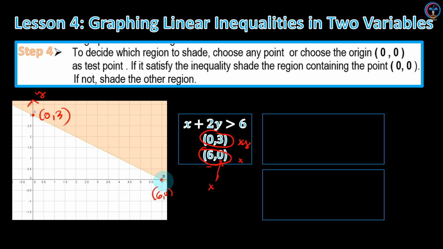We don't have the y value, so it crosses only the x-axis. The only variable that has a value is x, that's why it is the x-intercept. And in 0, 3, the only value is 3, which is the y-intercept.